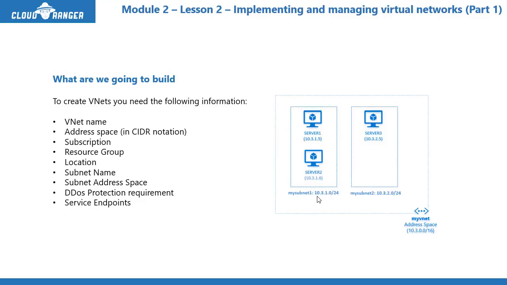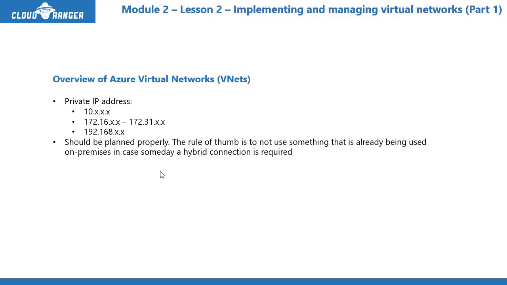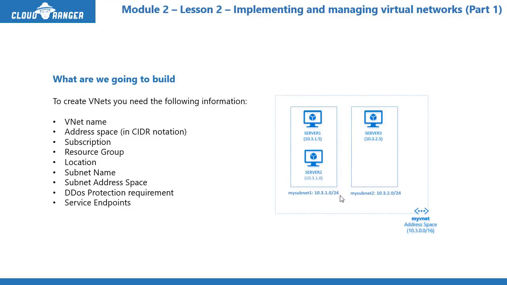As you can imagine, this subnet is actually part of this address space. If you use something else over here, let's say we use 10.3.0.0 here, but you go and pick for this subnet something off 172.16 or 192.168, it's not going to work because it's going to say, hey, it does not fall in this VNet address space and I cannot build that.